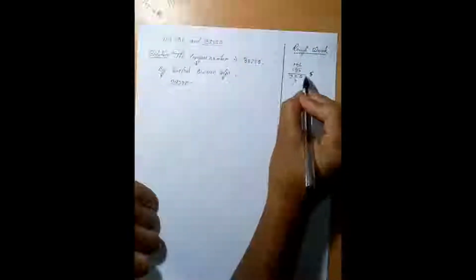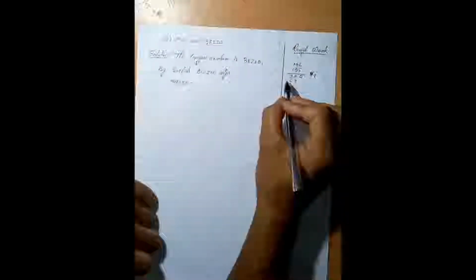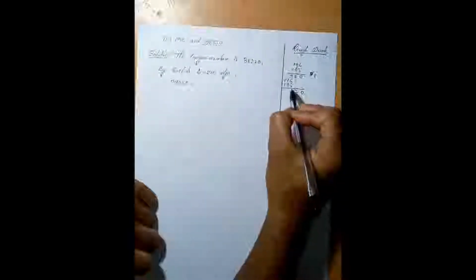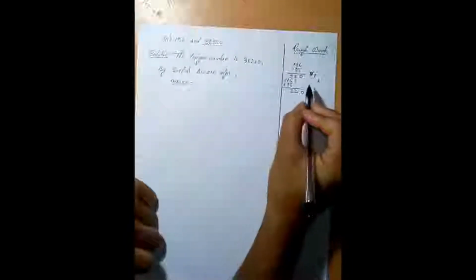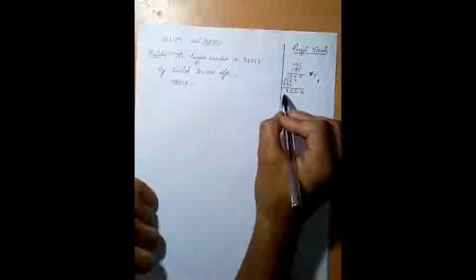Then 9 nines are 81, 81 plus 5 is 86, then 9 ones are 9, 9 plus 8 is 17, and so on. So we can see that 38,220.